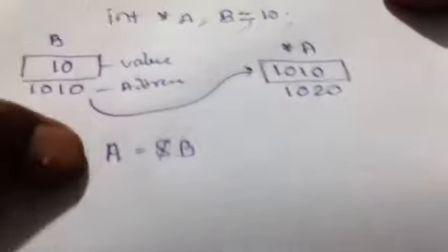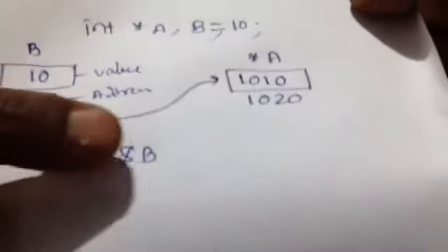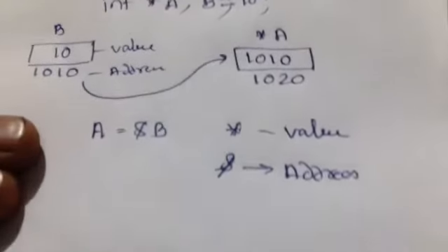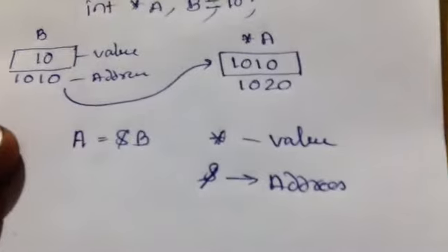If you put this line, A equal to ampersand B, we use two symbols here. One is star, another is ampersand. This is address and this is value. So star always gives the value and ampersand always gives the address. It's okay?